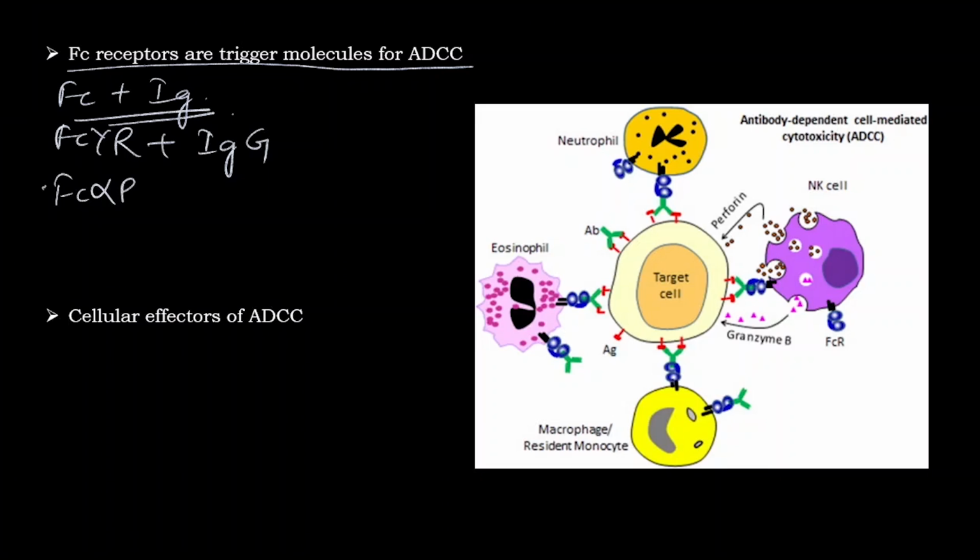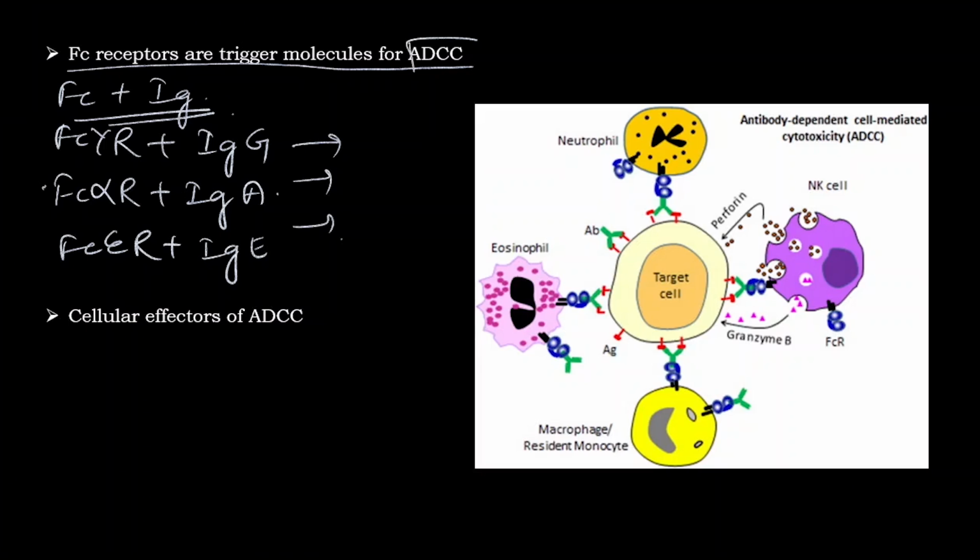Fc alpha R will interact with IgA. Fc epsilon R will interact with IgE. So all these will mediate different signaling, and again this process will be the same, ADCC will be happening.